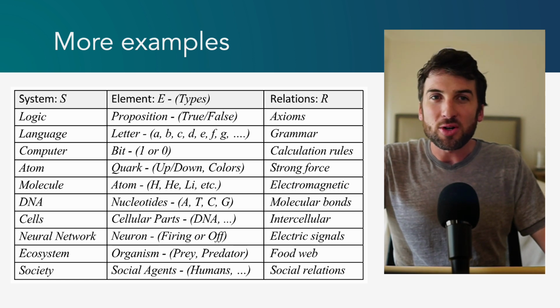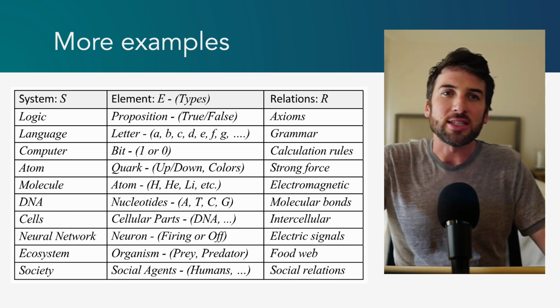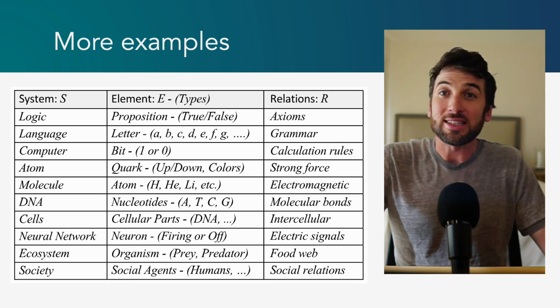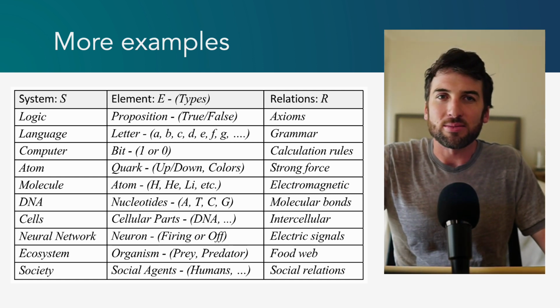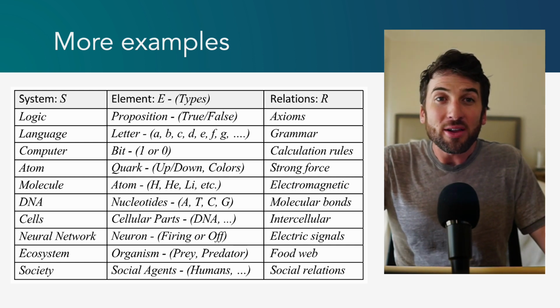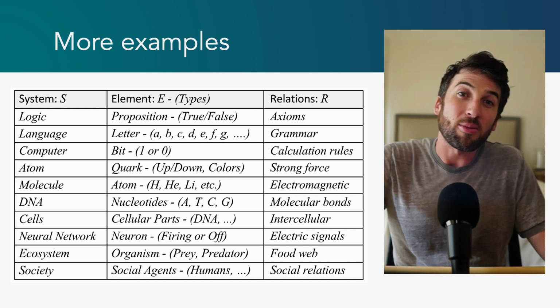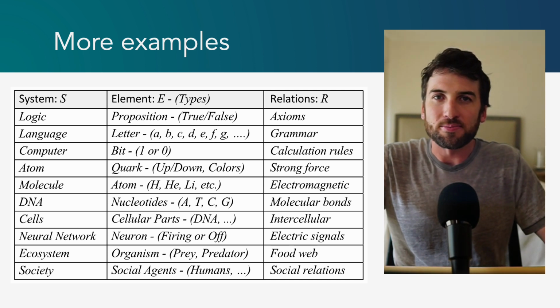There could be computers, and then there can also be real systems like atoms, molecules, DNA, cells, neural networks, ecosystems, society as a whole. And these are often nesting systems in a way. For example, an atom is an element of a molecule, but then the molecule is an element of DNA. But then DNA is an element or part of the cell. And so it goes on like this.